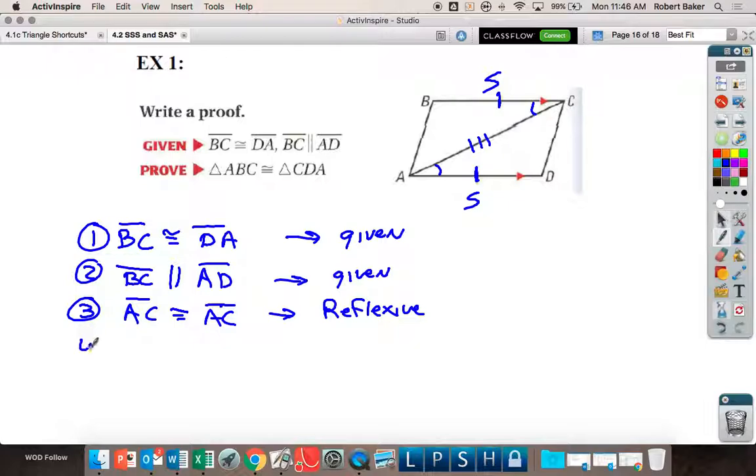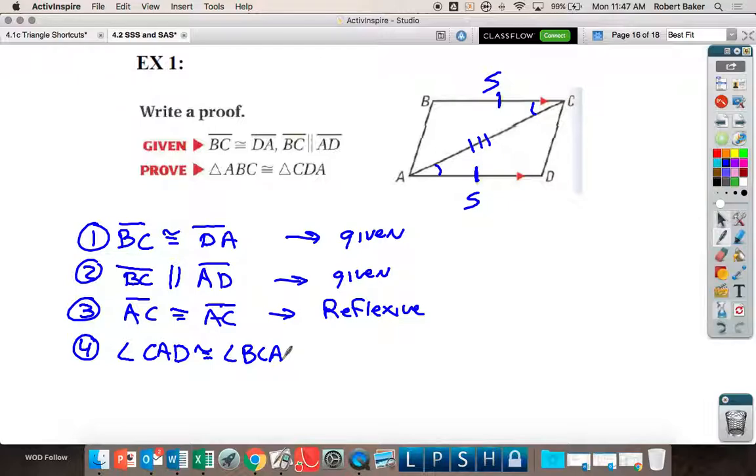Before you get to that part, angle CAD. You're going to go CAD. So because you went CAD, now you have to do ACB, BCA. Because it has a marked angle, marked side.